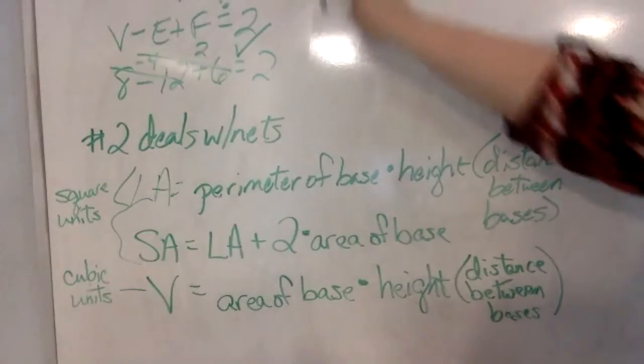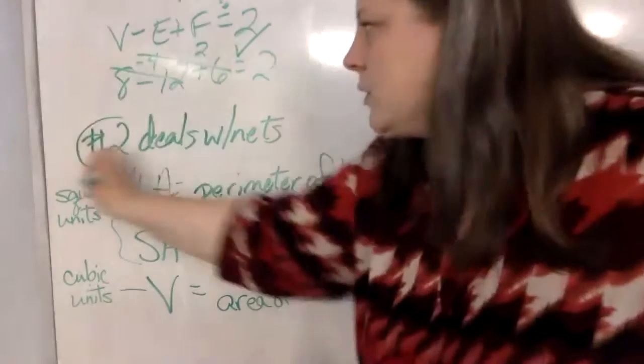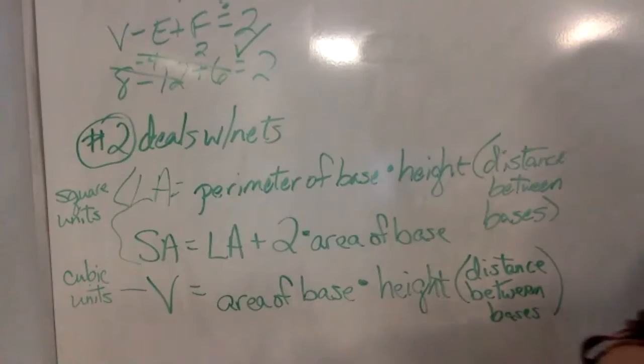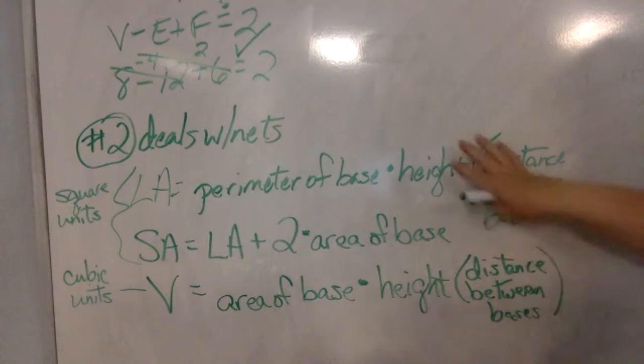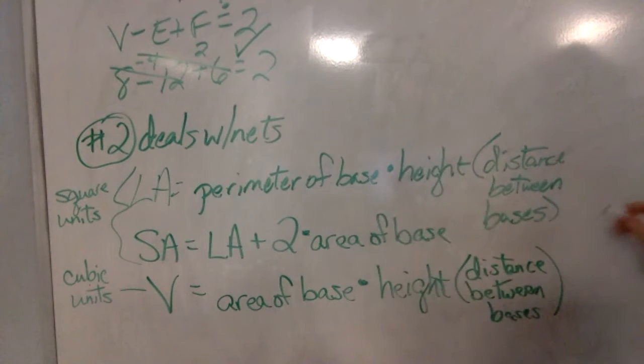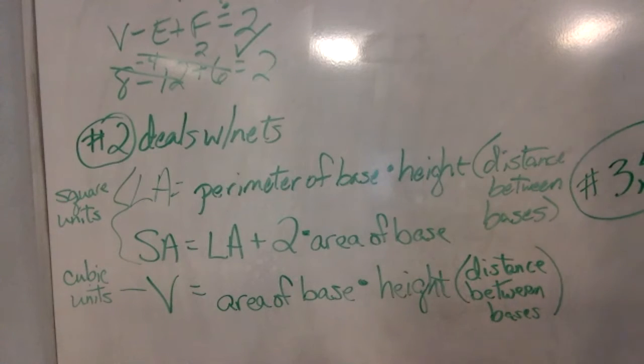Okay, so that covers, let's see, this was for question number 1. This was for number 2. This stuff that's right here is for like number 3, 4, 5. And then number 6 is just naming the shapes based on the base.